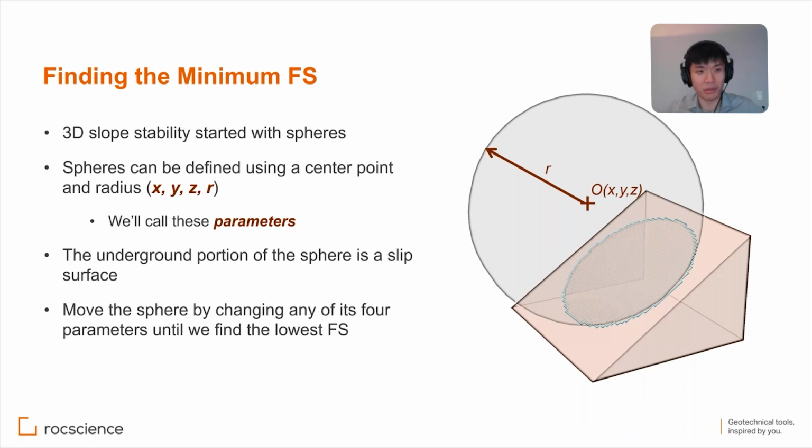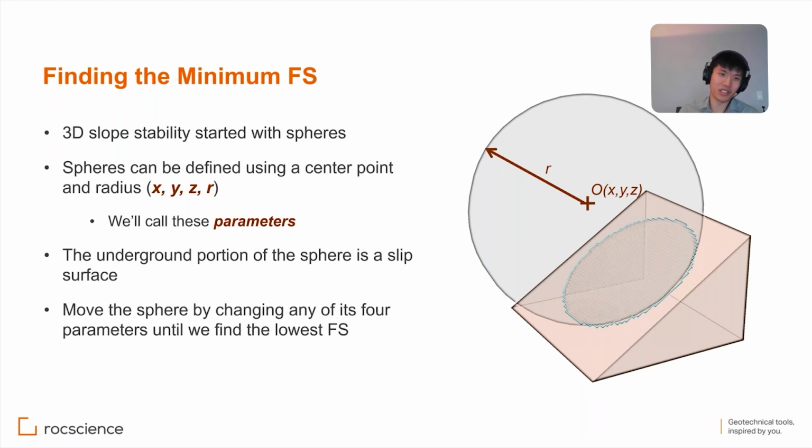So as you can see, it becomes very important to actually search for the lowest factor of safety in your model. Traditionally, 3D analysis in the literature and in the early stages of three-dimensional limited equilibrium software, people have only used spheres.